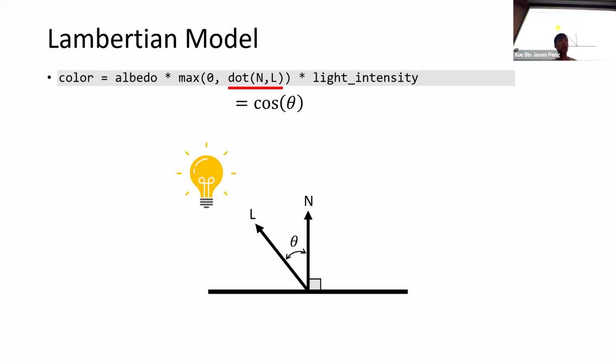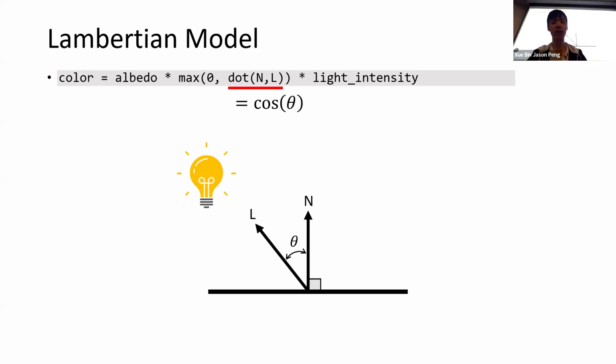And this is going to implement kind of a cosine law that we saw in the previous slide, where we can use the cosine to determine whether or not the surface is pointing towards the light or away from the light. And we can use this cosine to determine how much light energy is going to arrive at a particular point.